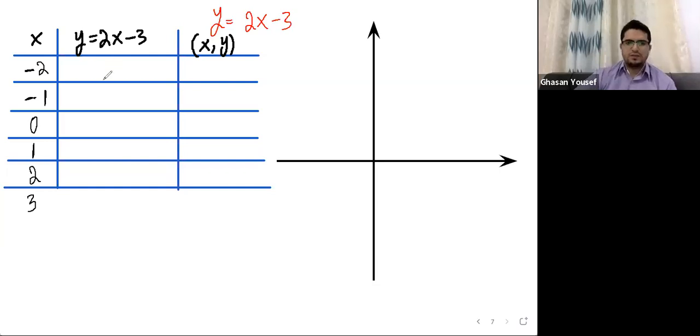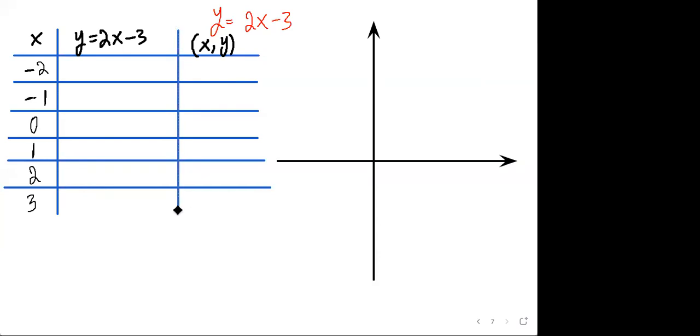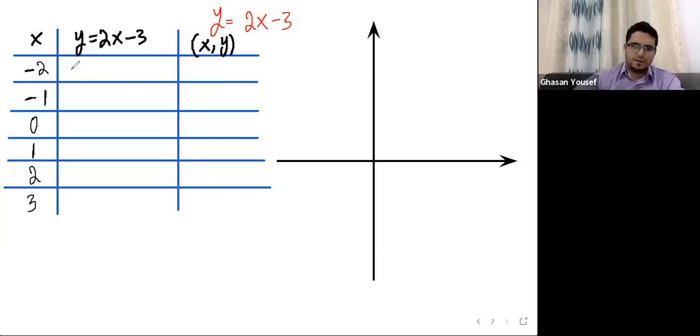So what is the value when I plug these numbers inside the y? What's the value of y when x is -2? Go ahead. If you want to know what y equals, you have to substitute the x into the equation.